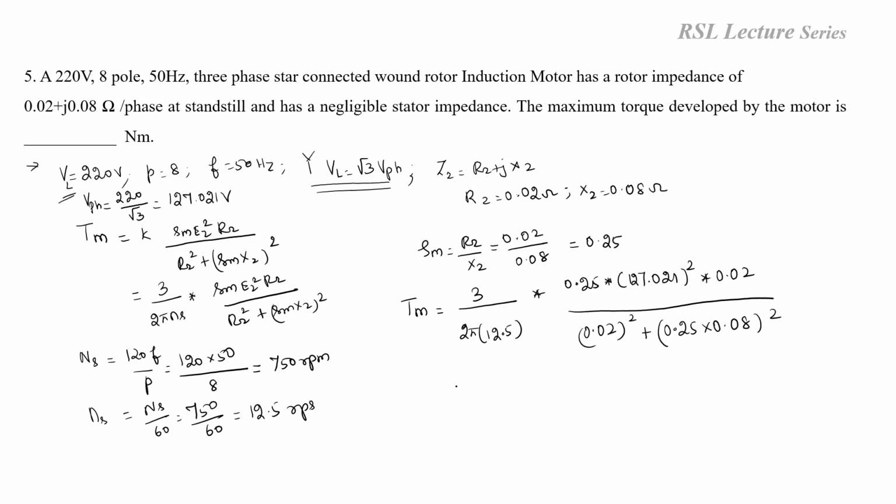On simplification we'll be getting 242.01502 in the numerator divided by 0.0628 in the denominator. Dividing these two we'll get 3853.74 Newton meter. So this is the value of maximum torque.